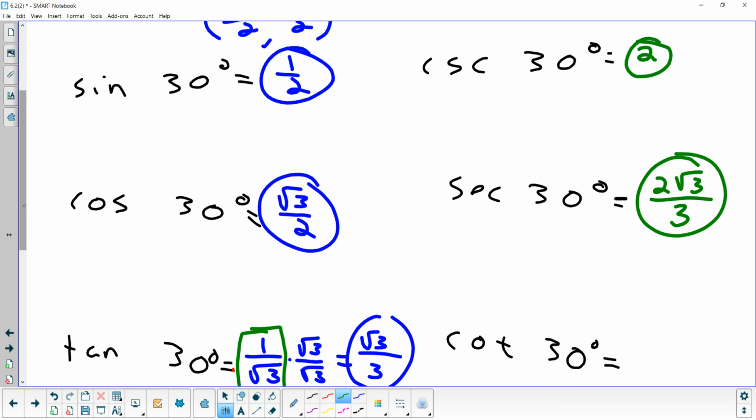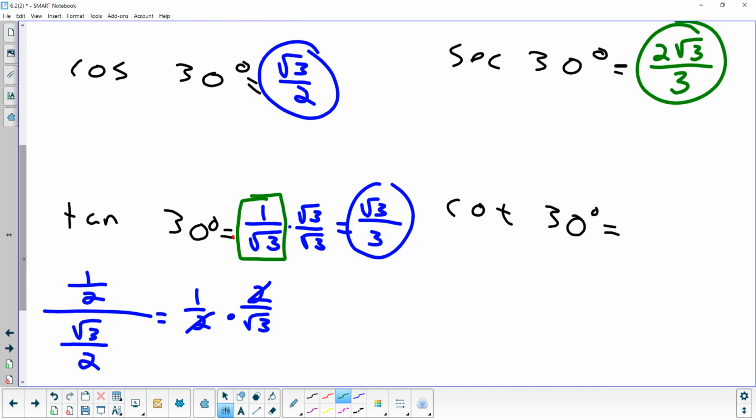Now, let's look at the cotangent. The box in green and the thing circled in blue for tangent are the same thing. Since they're the same, I could flip either one of them. Which one would be better to flip? The one in green. How come?